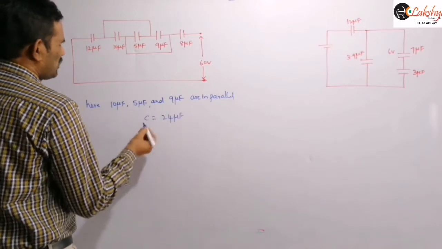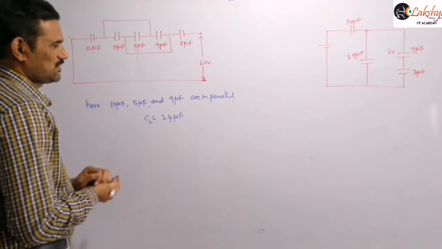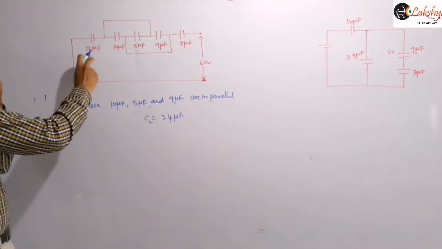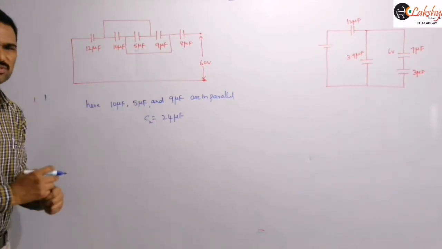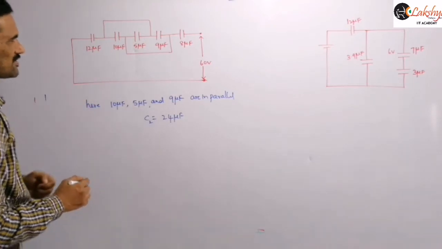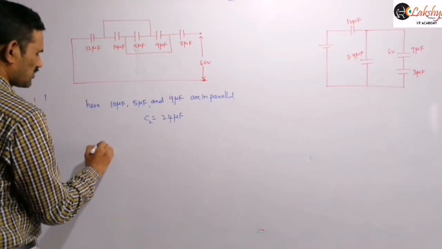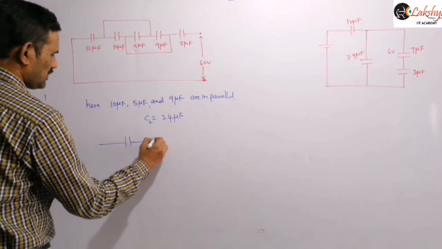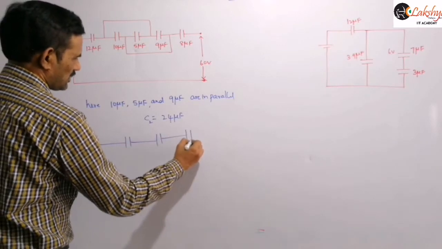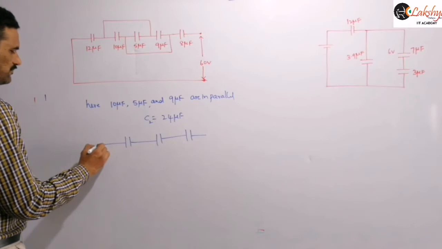Let us take this as C2. I am taking this one as C1 and this one as C3. Now I am redrawing the circuit like this: one capacitor, another capacitor, and another capacitor here.